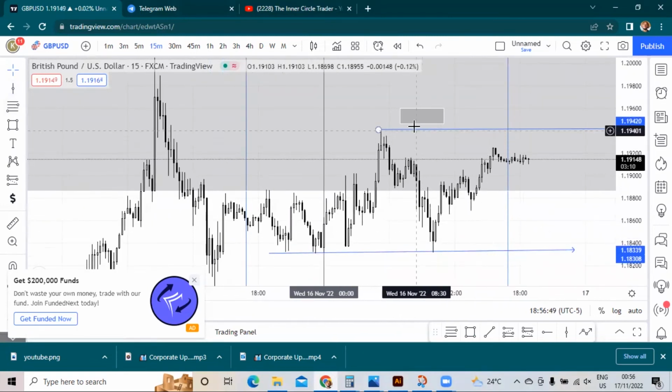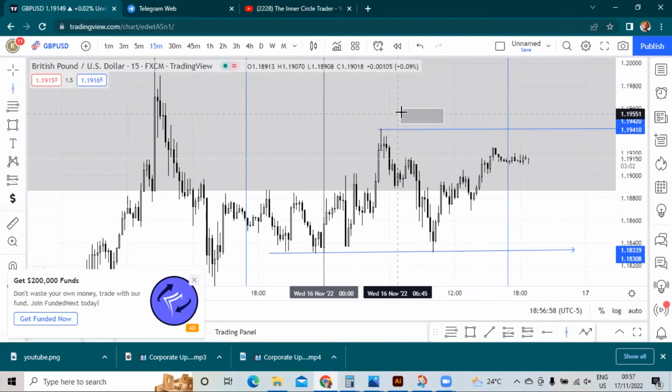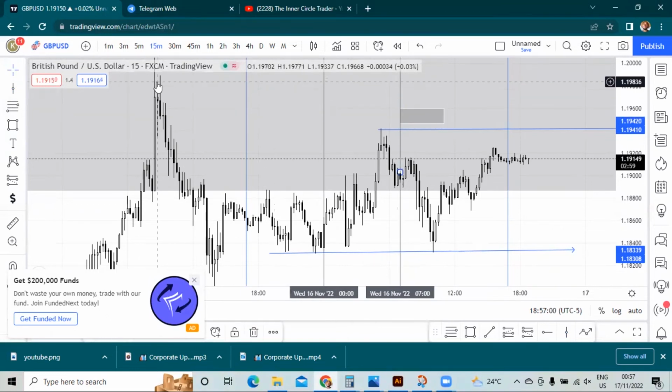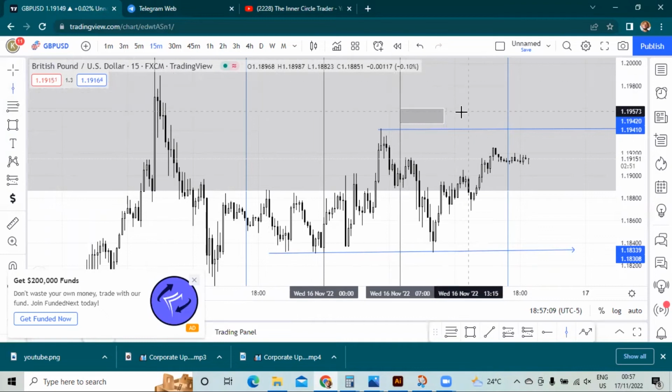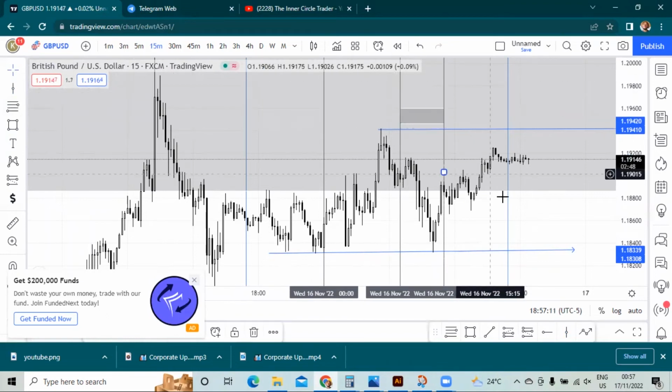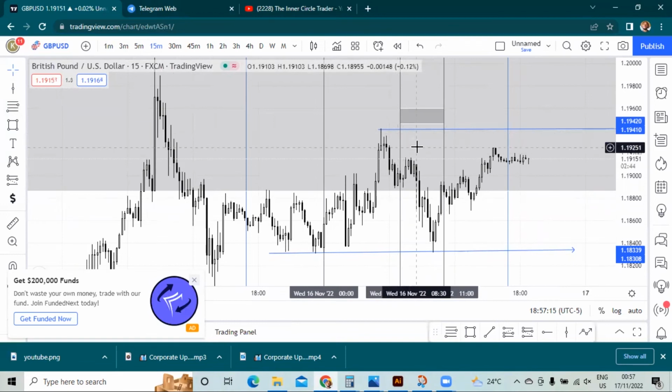So looking for setups between this and this, right? I'm going to use a better tool to mark that, so you don't get confused. Remember, you have to look for an execution between this time to this time.